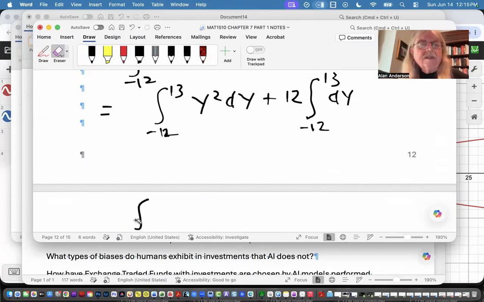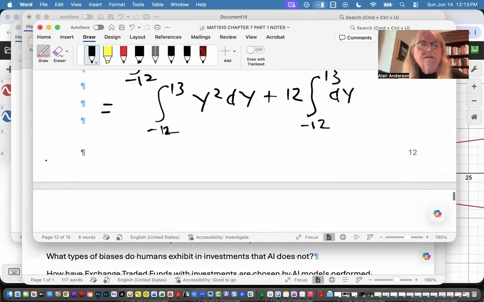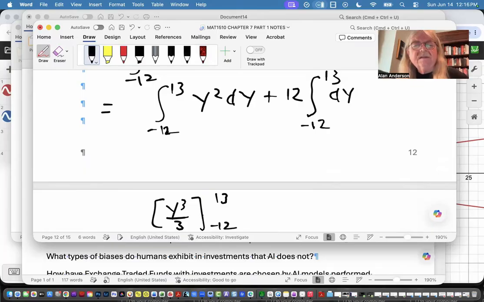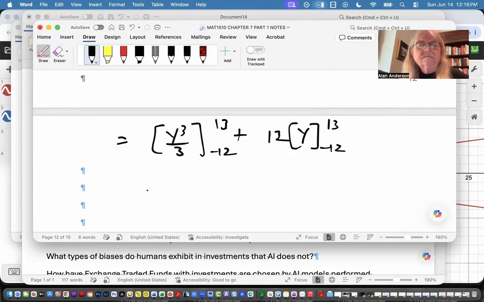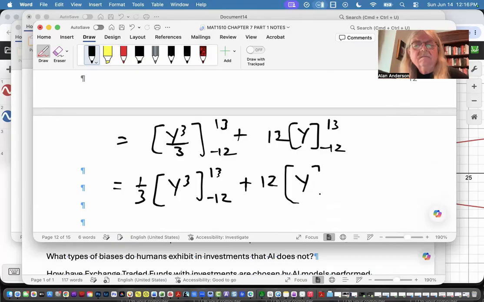Actually, so that will become y cubed over 3, evaluated between negative 12 and positive 13, plus 12 times y. Okay, let's try that. And yes, one more time. I'm just going to get rid of that 1/3 there. All right, now we substitute.